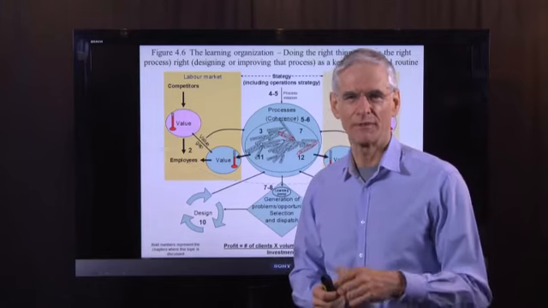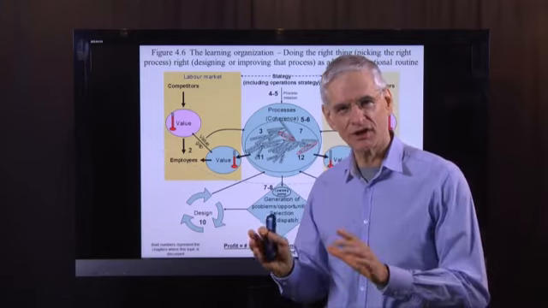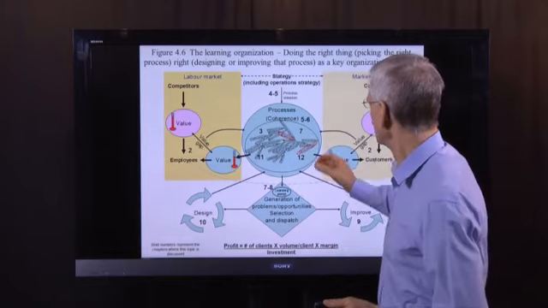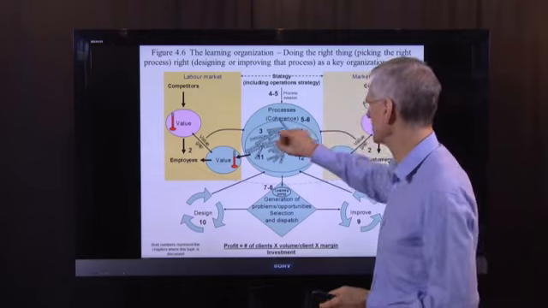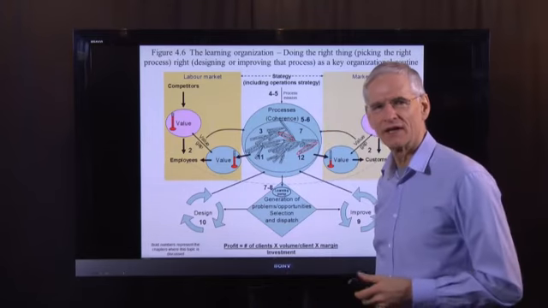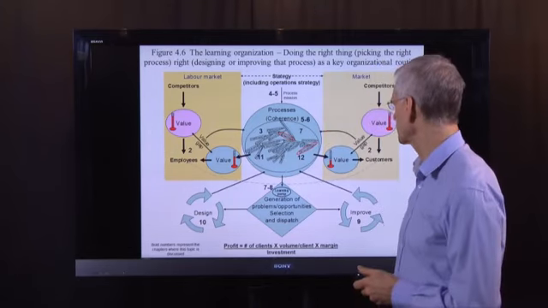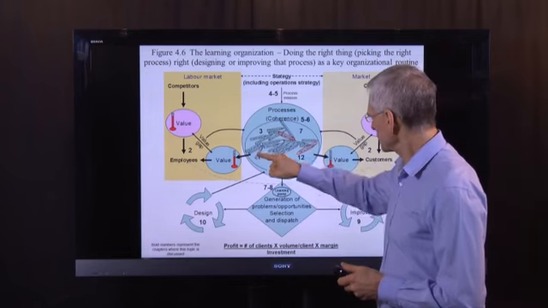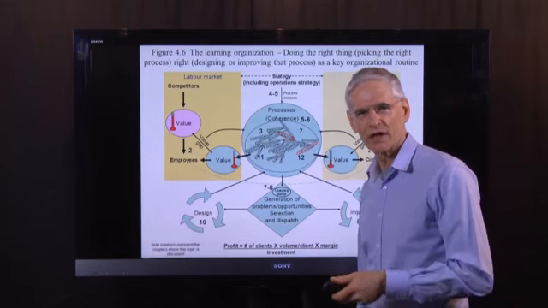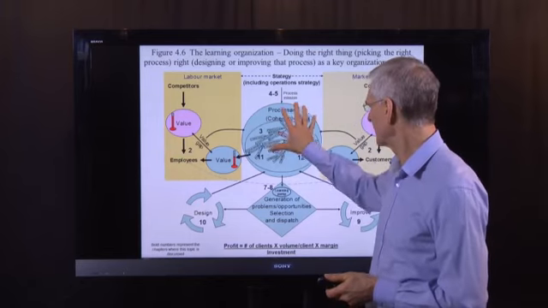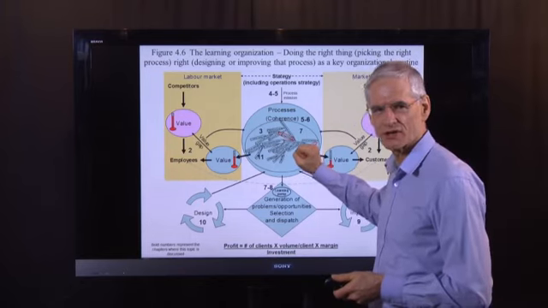Operation action, administrative action, strategic actions that we take that will address these gaps, the value gap in the market, in the labor market, and in the financial markets. Processes is what we do, and of course it is the focus of much of the book and many of the videos. Understanding the DNA of processes.